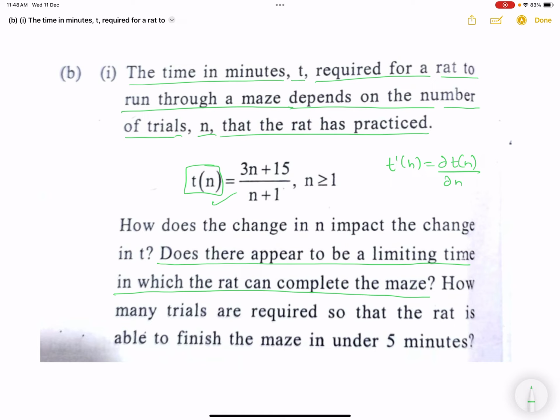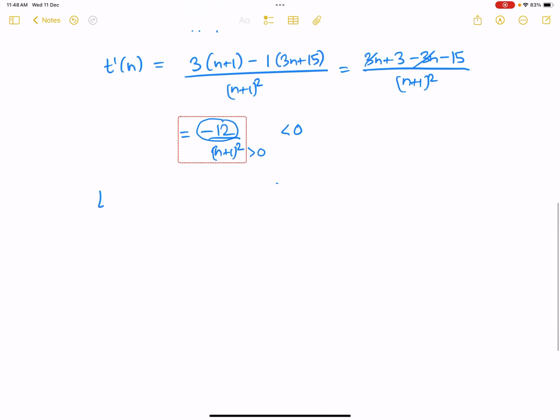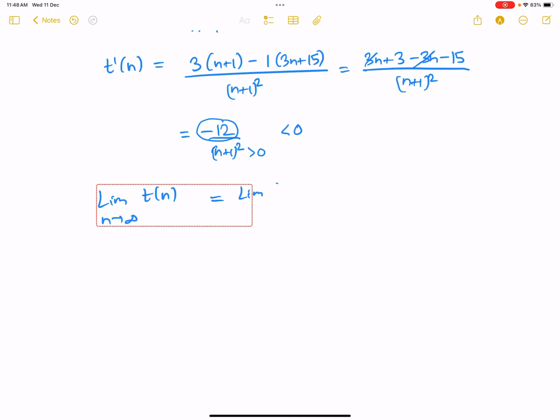Okay, so we are supposed to find the limit of T(n) as n approaches infinity. So limit of T(n) as n approaches infinity equals limit as n approaches infinity of (3n plus 15) upon (n plus 1).